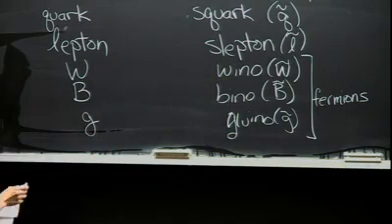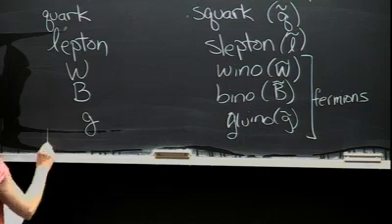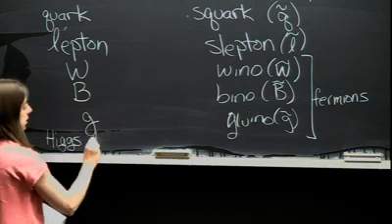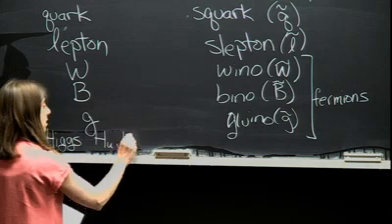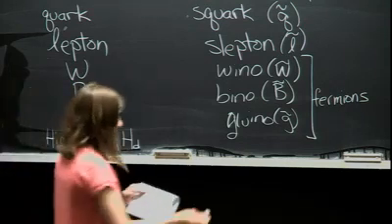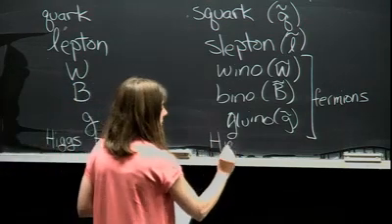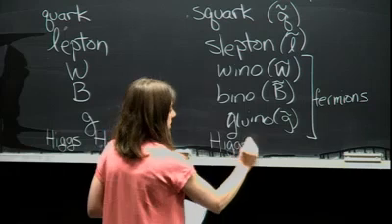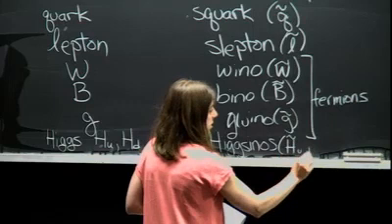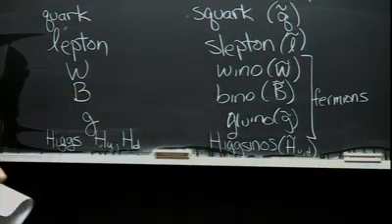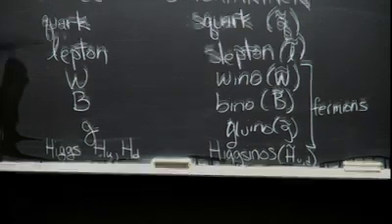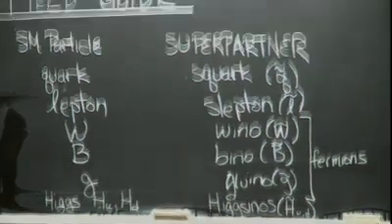And I kind of ran out of space, but I'm going to squeeze in the Higgs down here. In the MSSM, we need 2 Higgses, so it's like a 2 Higgs doublet model. So Higgs up, Higgs down, and their partners are fermions called Higgsinos. Okay, so that's the field guide for our discussion to follow.